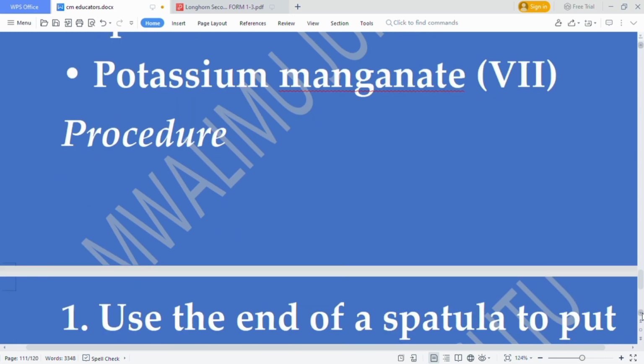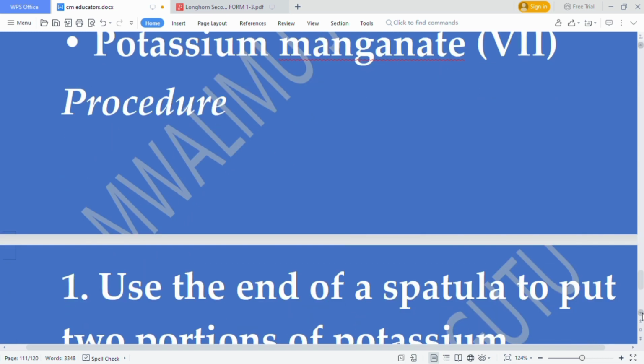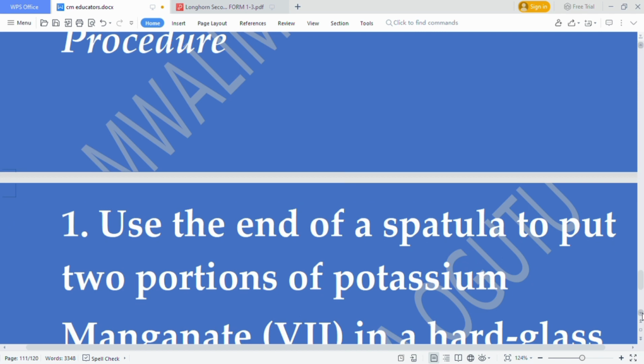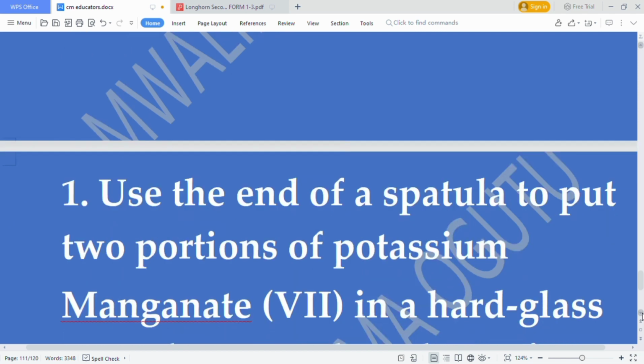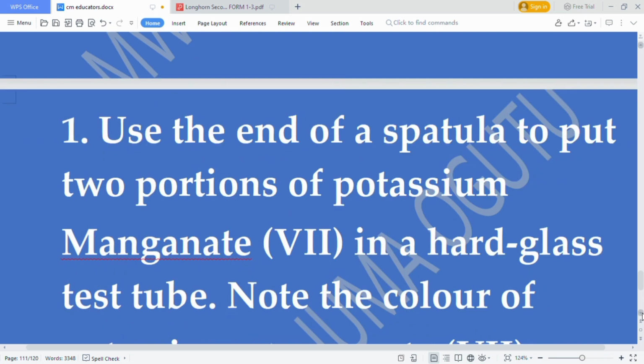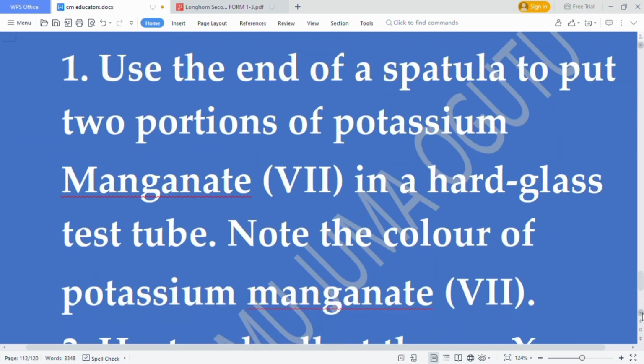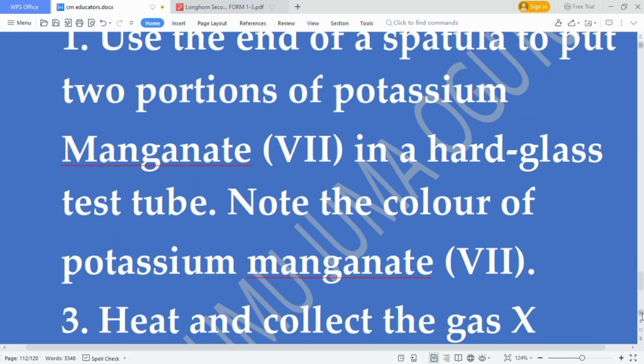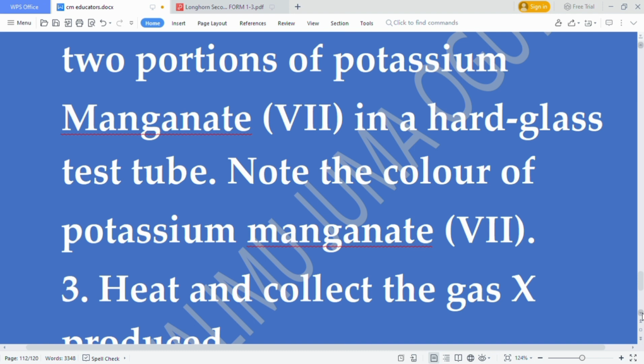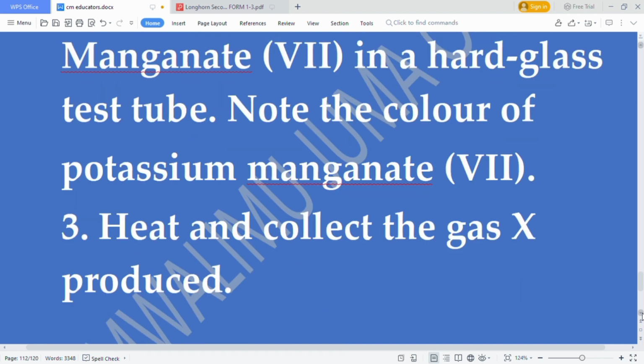We use the end of a spatula to put 2 portions of potassium manganate 7 in a hard glass test tube. Then we note the color of potassium manganate 7. So potassium manganate 7 is purple in color. We heat and collect the gas X. So the gas that we'll be collecting, we name it as gas X because we don't know which gas it is.